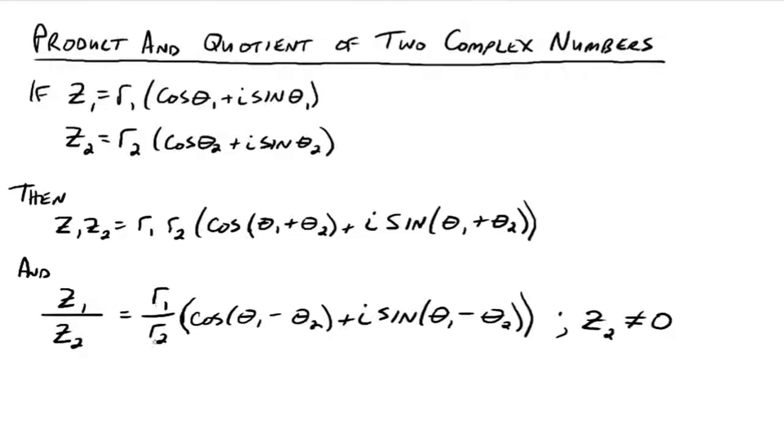We're going to have r1 divided by r2. That makes sense. And then instead of having the sum of two angles, we're going to have their difference. So it'll be the cosine of theta 1 minus theta 2 plus i sine of theta 1 minus theta 2. This is all provided, of course, z2, the one that's in the denominator, does not equal 0. And this identity follows. You can prove this on your own if you would like.